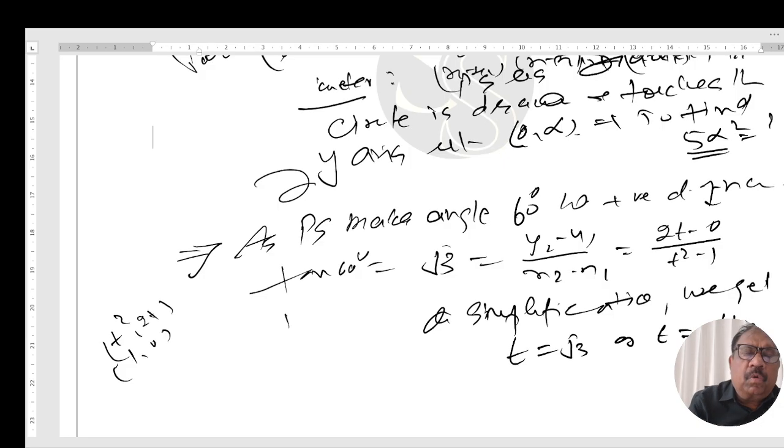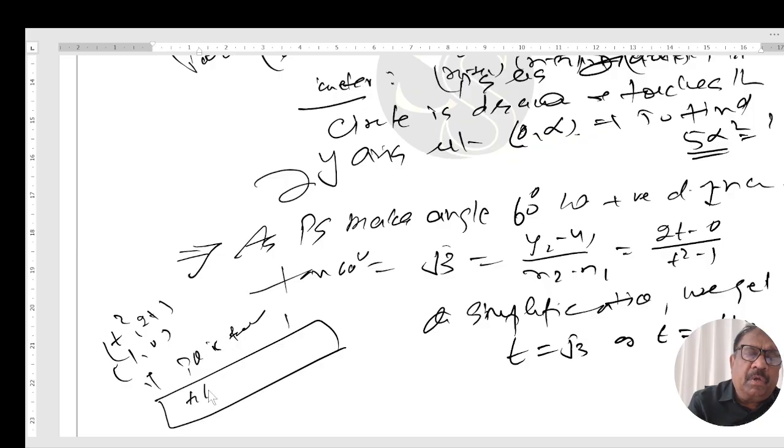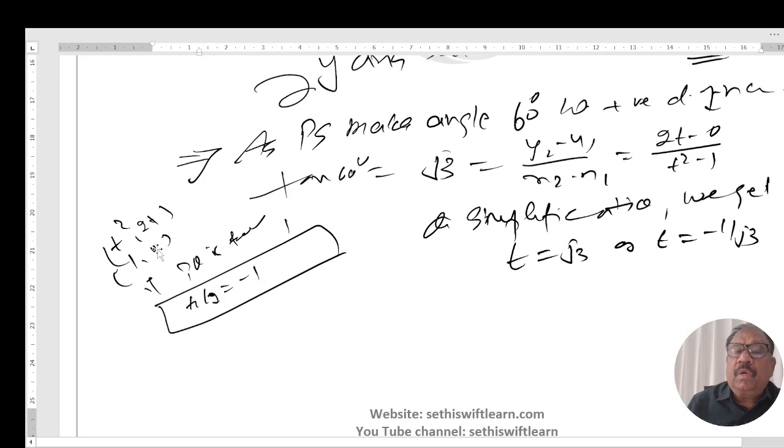There is a property of the focal chord: if PQ is a focal chord, then t1, t2 are related by t1 t2 equal to minus 1. One is t1, one is t2. This lies in the first quadrant, so we will use this. So in diameter form, what will we do?